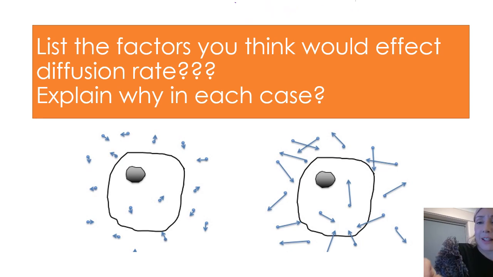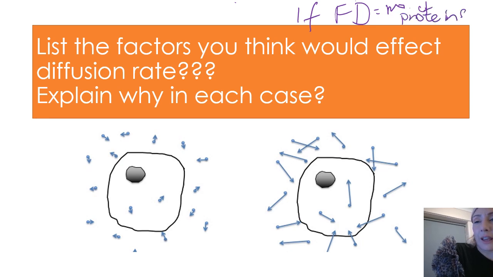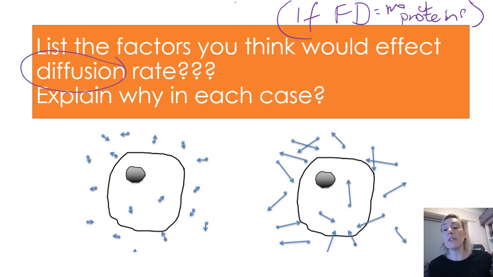I'll write it in freehand like this. But generally now, if we're just thinking about all types of diffusion, so that's simple diffusion and facilitated diffusion, what factors affect it?